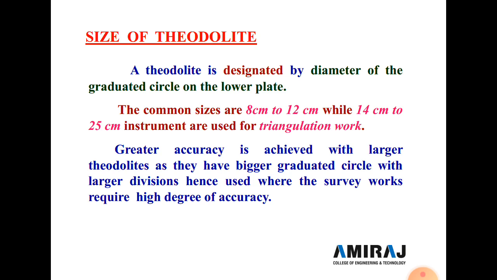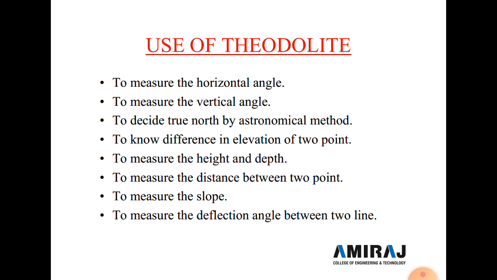Greater accuracy is achieved with a larger theodolite, as it has a bigger graduated circle with larger divisions. As survey work requires a high degree of accuracy, if the graduated circle is larger, accuracy is higher. Because if the circle is large, the divisions of vertical angles or horizontal angles are marked and seen easily, and accuracy is increased.